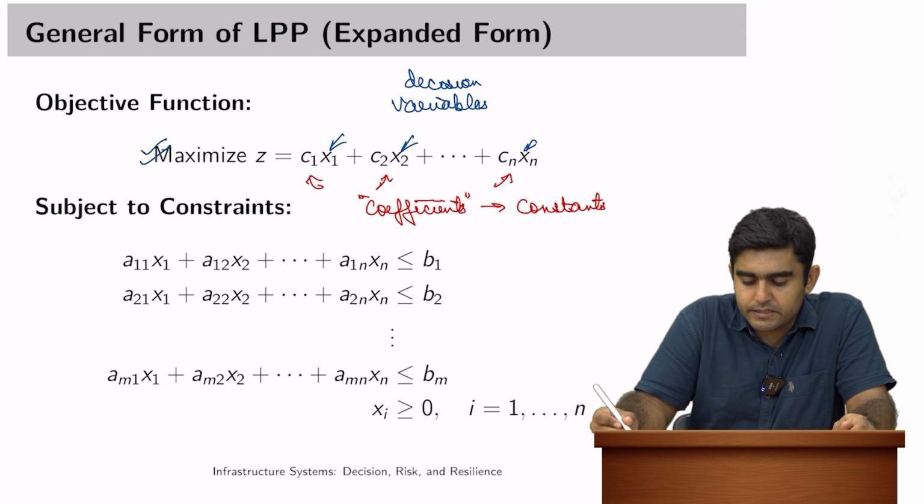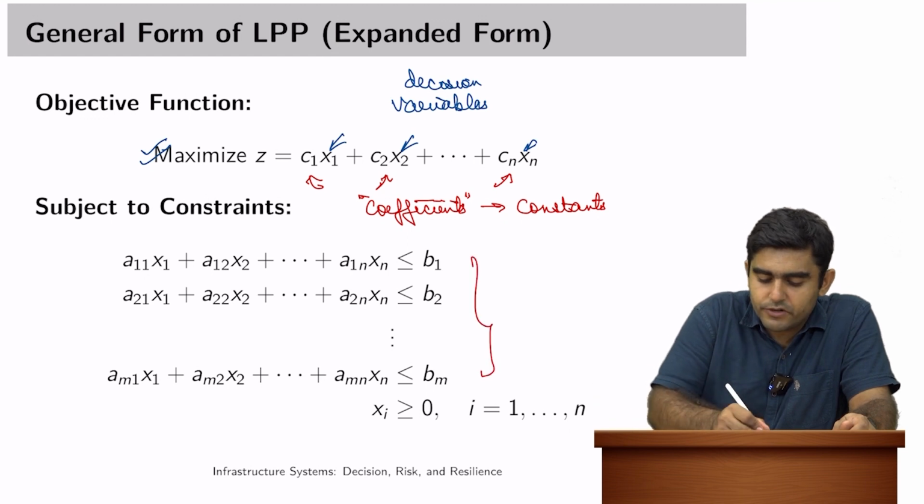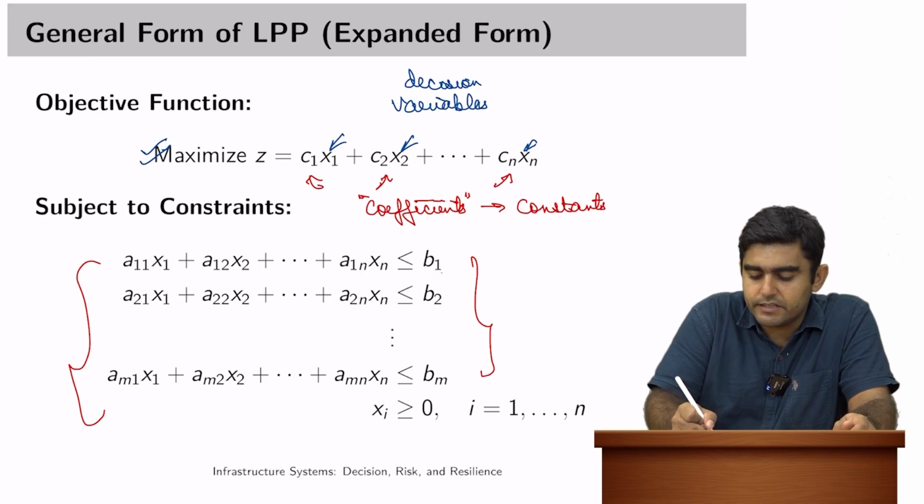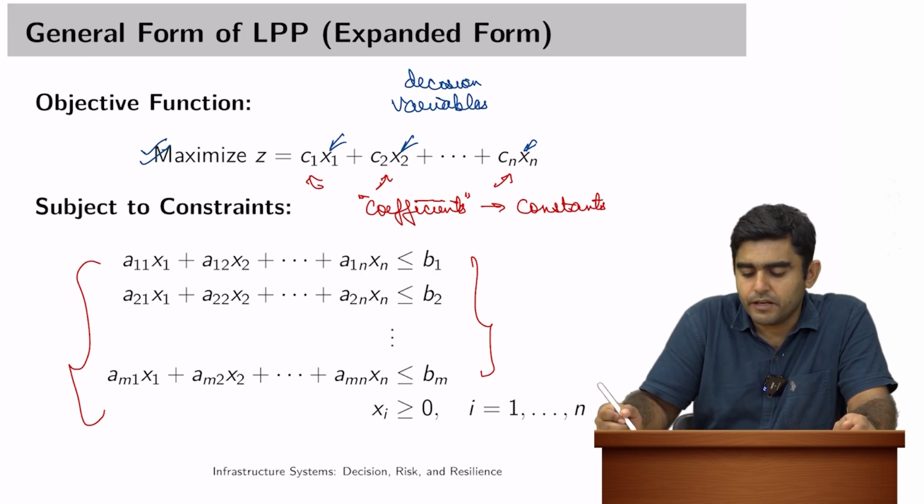And these are subject to m number of constraints, a11 x1 plus up to a1n xn less than equal to b1, all the way till m.